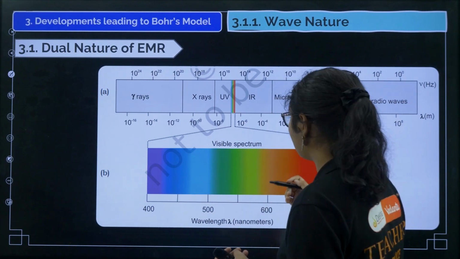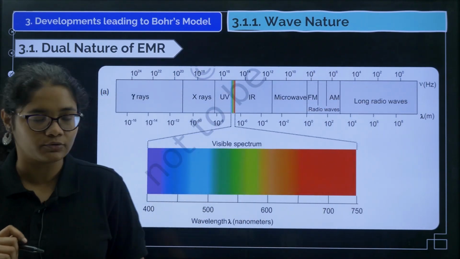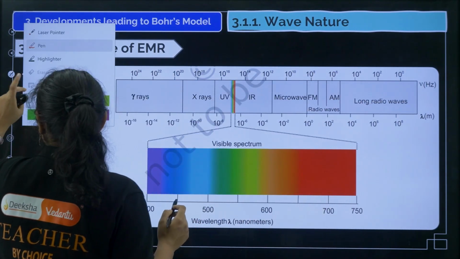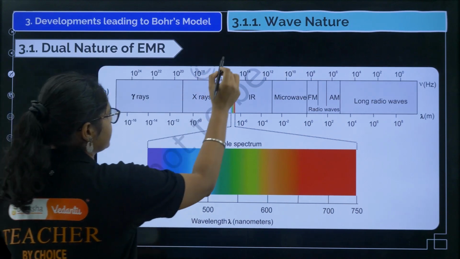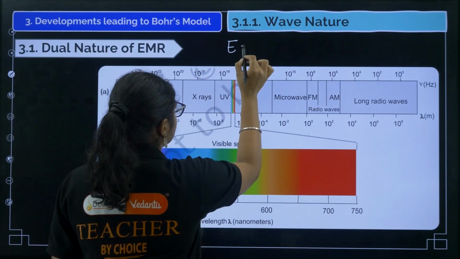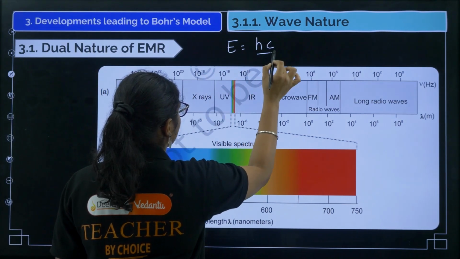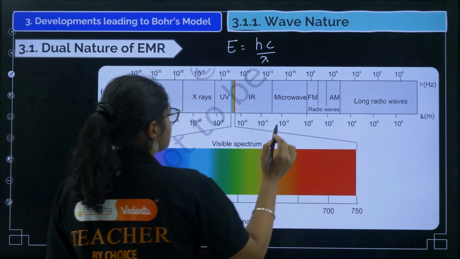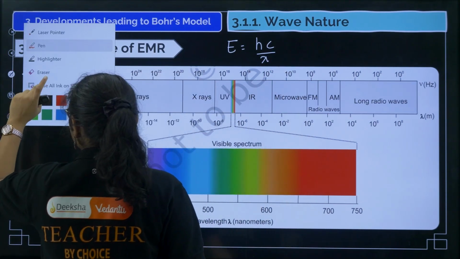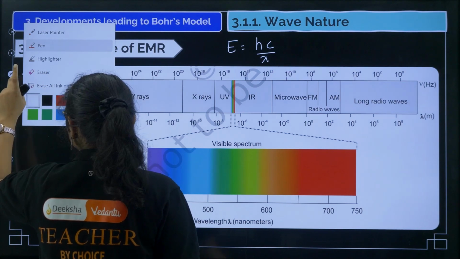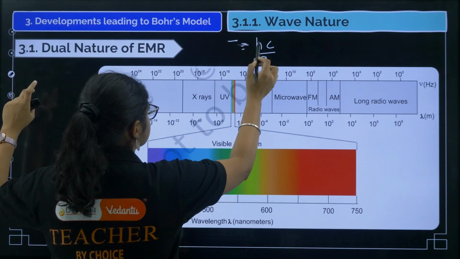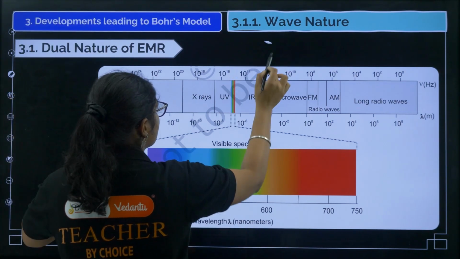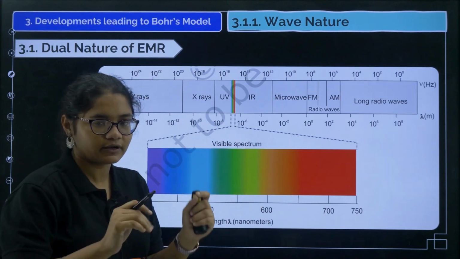We have one more formula here about energy, E is equal to hc by lambda. We'll talk about this formula a little later, once we discuss the particle nature. So for now, just leave it.